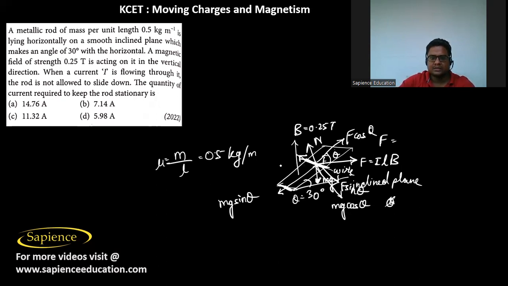So the normal reaction will be mg cos theta plus I L B sin theta.